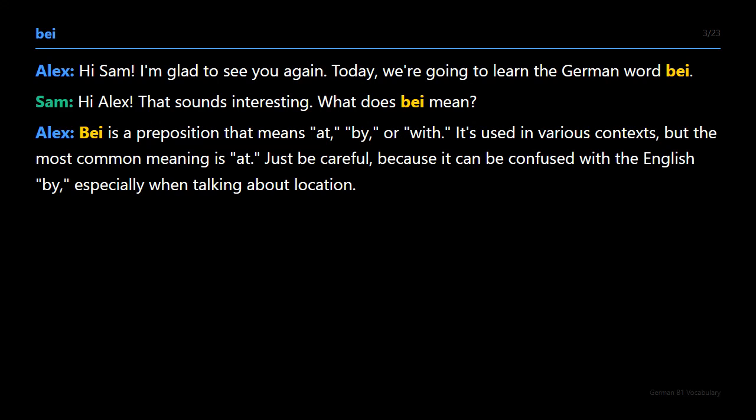Bei is a preposition that means at, by, or with. It's used in various contexts, but the most common meaning is at. Just be careful, because it can be confused with the English by, especially when talking about location.